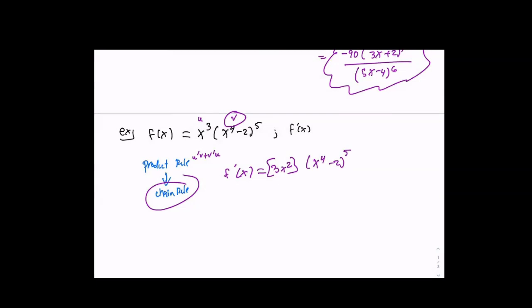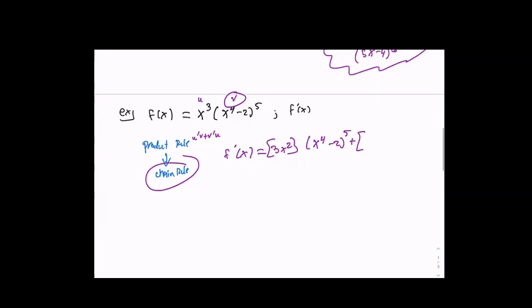All right, so it's 3x squared times v, because I've already identified what v was, plus, now I've got to take a derivative again. Would it be 5x to the 3? No.